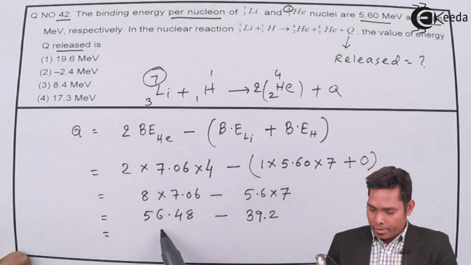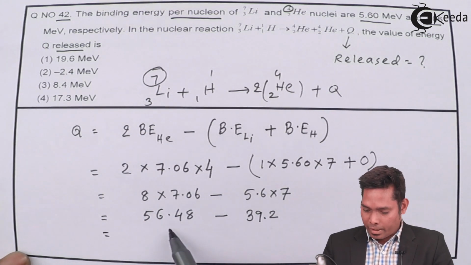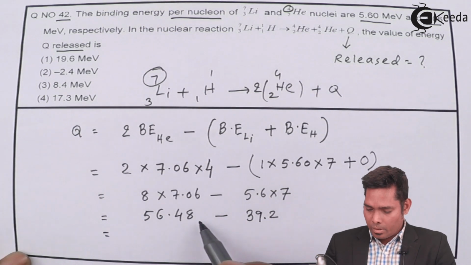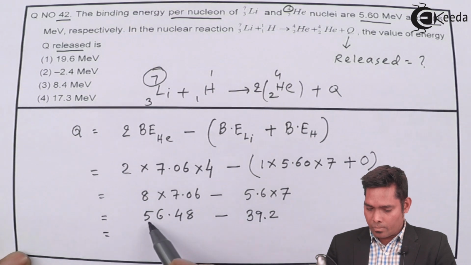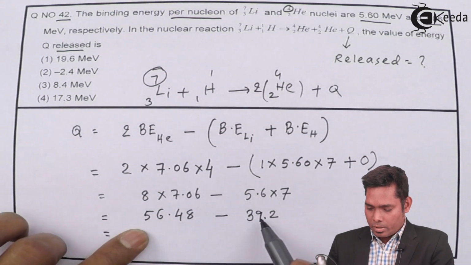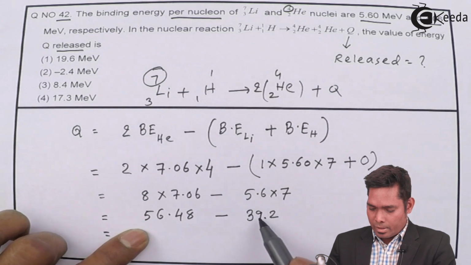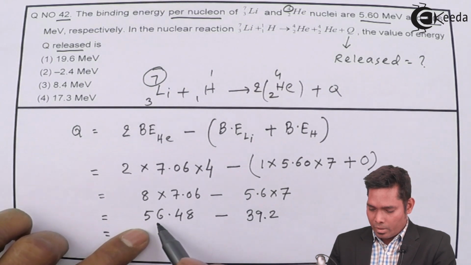Now if I subtract that, how much will I get? 56.48 minus 39.2. If I consider 39 as 40, 56 minus 40 is 16, but I will add one more because one less was taken, so it is 17.